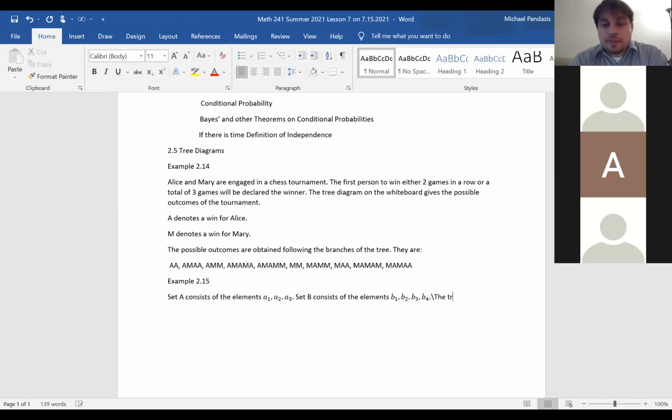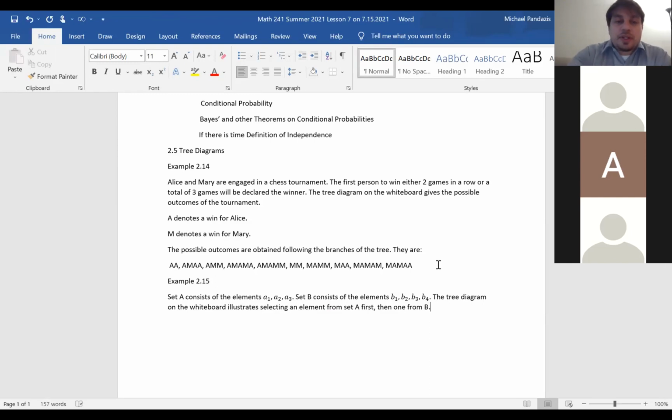So the tree diagram on the whiteboard illustrates selecting an element from set A first and 1 from B.